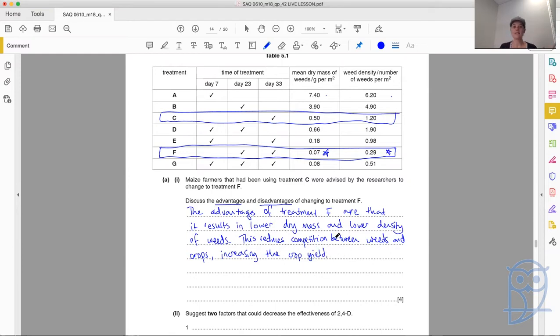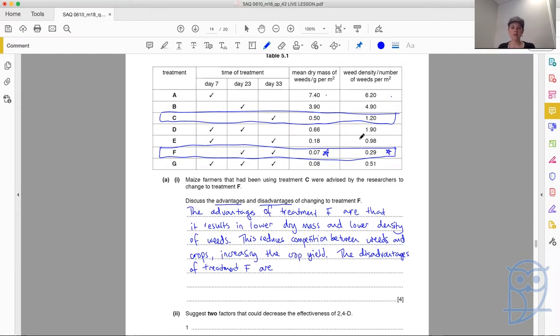Great, fantastic. So it all looks brilliant, but there's a catch. What are the disadvantages of F? The disadvantages of treatment F are, now we've got to think of 2 things.